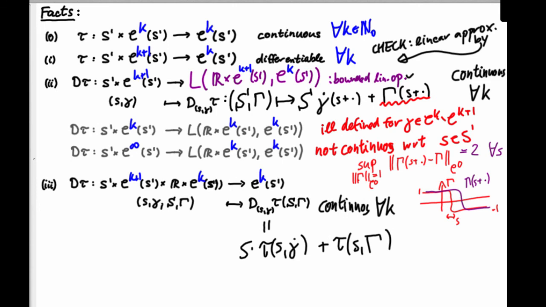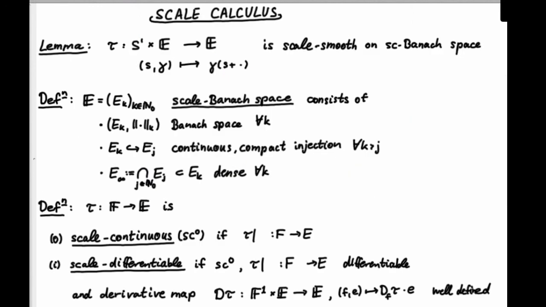Except I now need a theory in which these couple of facts actually make up differentiability, and that's scale calculus. I'm going to need to define scale smooth and scale Banach space, and then check that this map is actually scale smooth on the scale Banach space. I'm going to use exactly the scales that I had there, namely the C^k completions of C^infinity for k bigger or equal to 0.